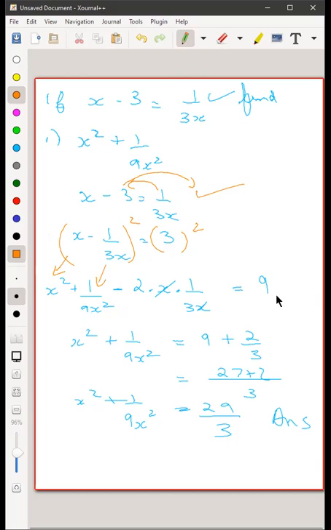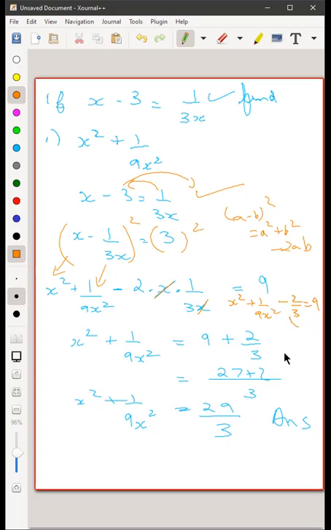Is equal to 9. A minus b, the whole thing squared is a squared plus b squared minus 2ab, right? Then x and x get cancelled. So we're left with minus 2 by 3. So we're left with x squared plus 1 upon 9x squared minus 2 by 3 is equal to 9.